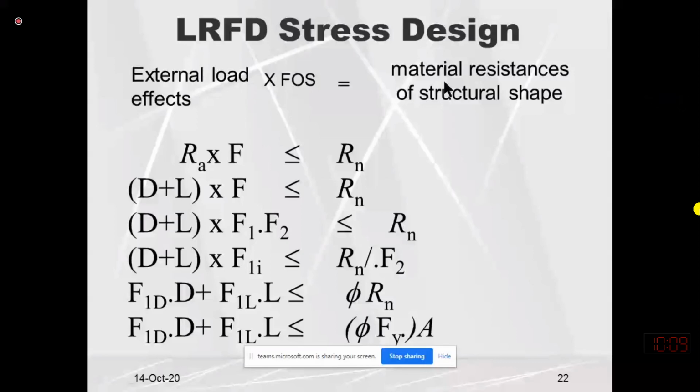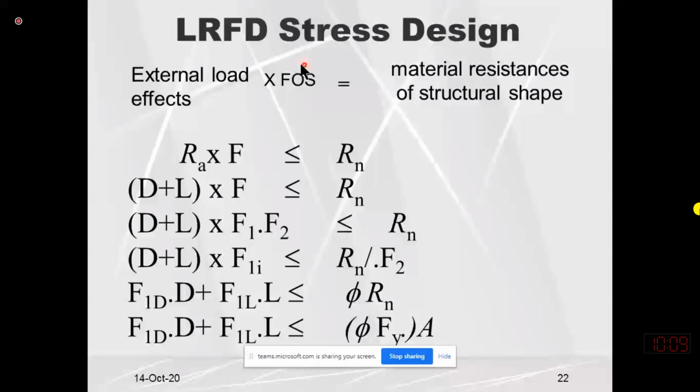When we multiply the applied load effect with the factor of safety, we are bringing the structure from the state of collapse to the safe state.